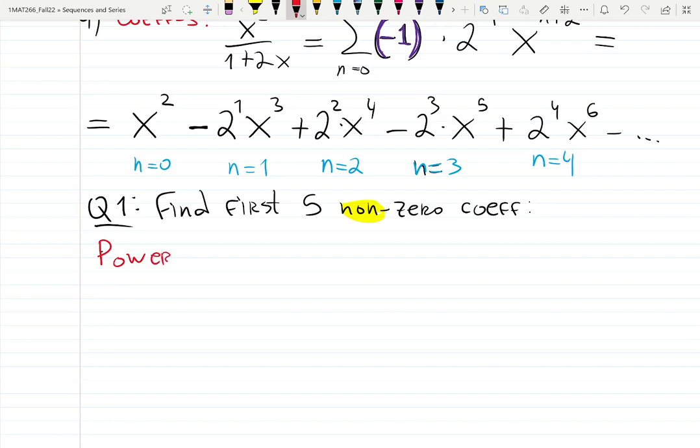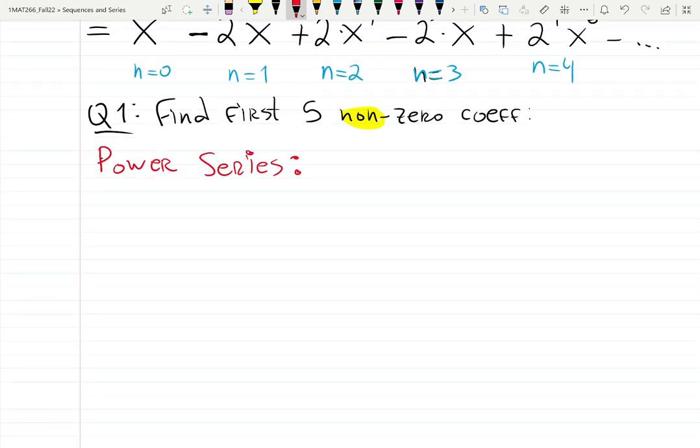A power series has this shape or formula, either with a shift or with no shift. Here we don't have a shift. Sum of a sub n x to the n, n is from 0 to infinity. And it looks like this.